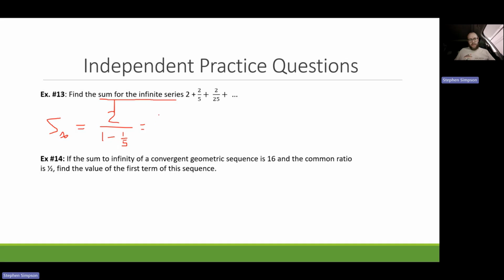Copy dot flip. I guess I'll write out some math. 2 divided by 4/5 is the same as 2 times 5/4. A little math trick: multiply by the reciprocal, which is 10/4, or 2.5.